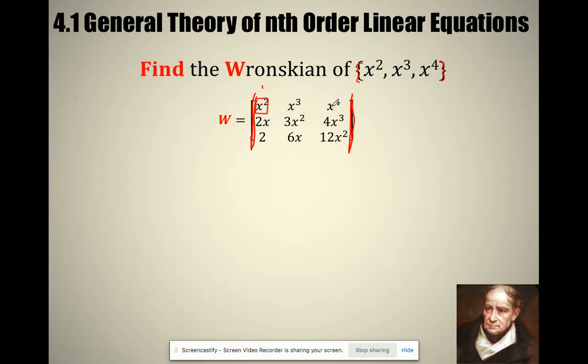So we're going to say x squared times the determinant of those values, but what's that going to be? 36x to the fourth minus 24x to the fourth, right?